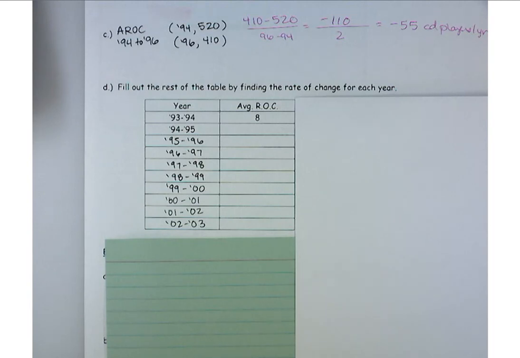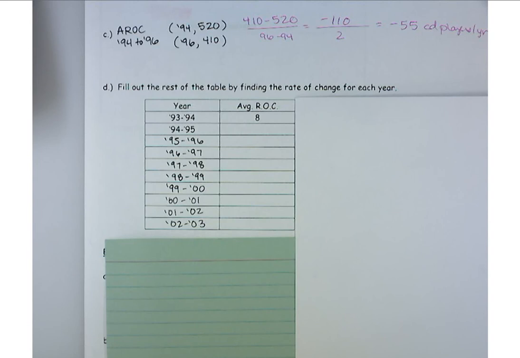Okay, and then Ben, can you read for us what part D is asking us to find? Between which two successive years did CD player sales increase most quickly and decrease most quickly? Okay, good. So we're trying to look for most quick increase and decrease. Noel, looking at our chart, what do you think?